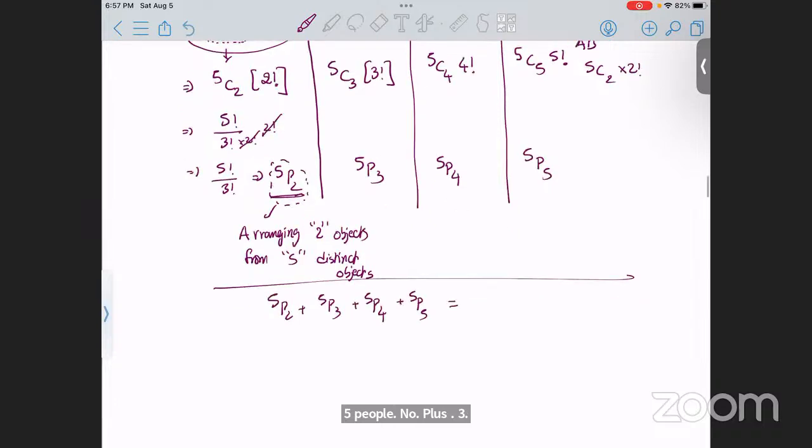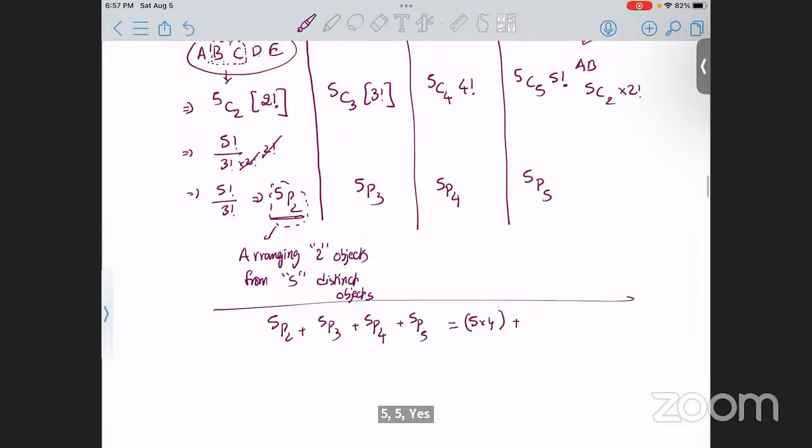What is the value of this? 5 factorial by 3 factorial, 5 into 4, plus 5 into 4 into 3, plus 5 into 4 into 3 into 2, plus 5 factorial.